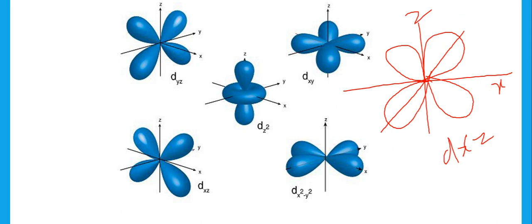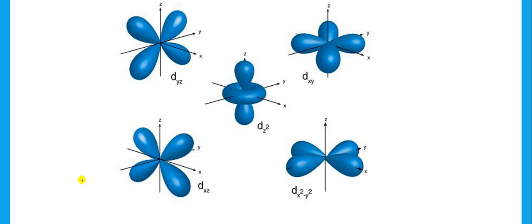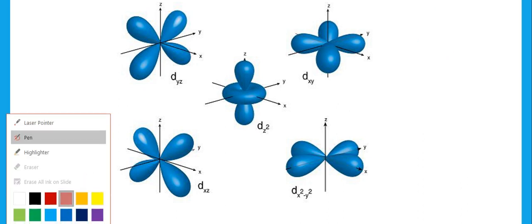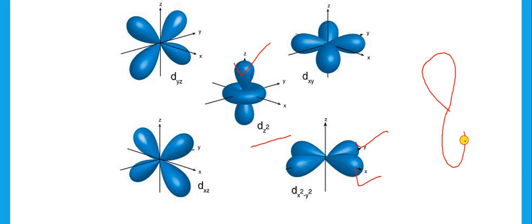Okay students, and then the last two are dx square minus y square, which completely occupies the x axis and y axis, and dz square, which occupies the z axis along with this loop.